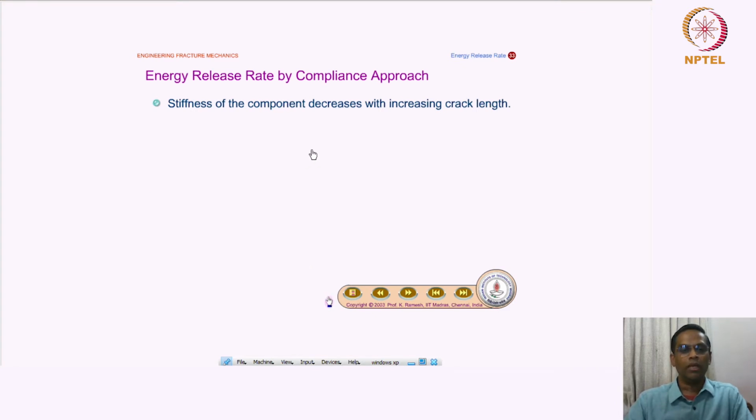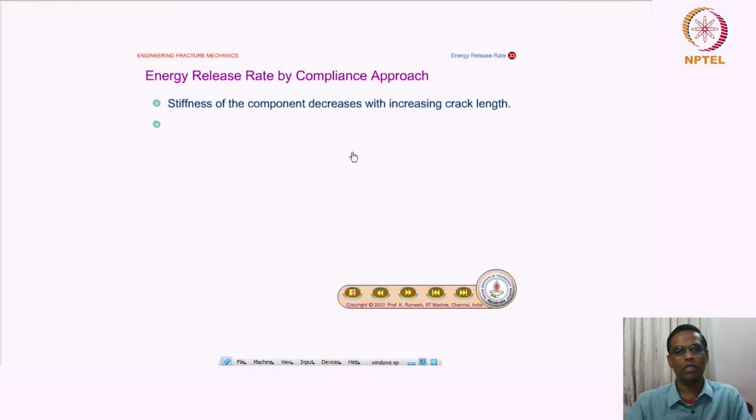We will also look at this energy release rate by the compliance approach. Compliance, why do we do that? Because in fracture mechanics, to keep the mathematics, and not only the mathematics but also the experiments, simple, people have recommended that the compliance approach will be better off.